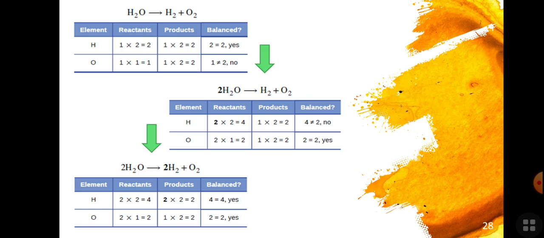So our final balanced equation is 2H2O produces 2H2 plus O2, or simply 2 molecules of water produces 2 molecules of hydrogen gas and 1 molecule of oxygen gas.